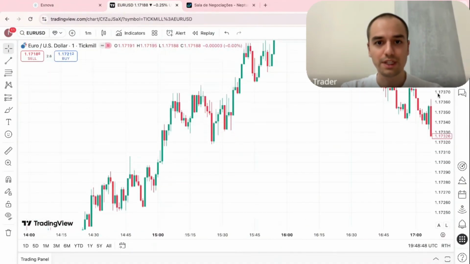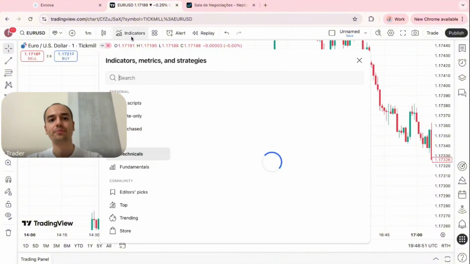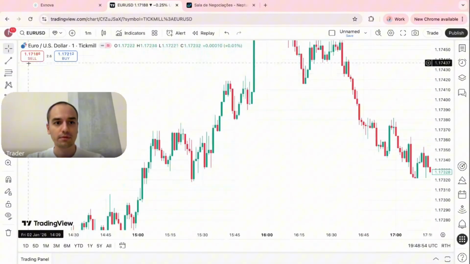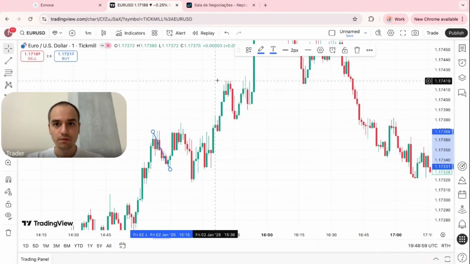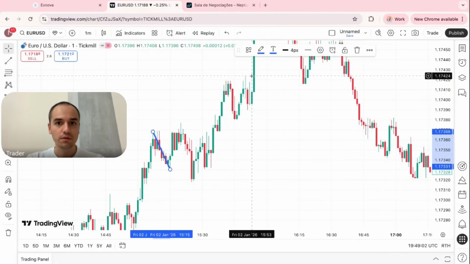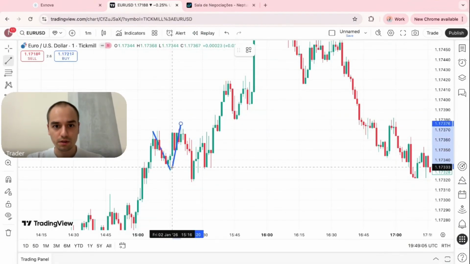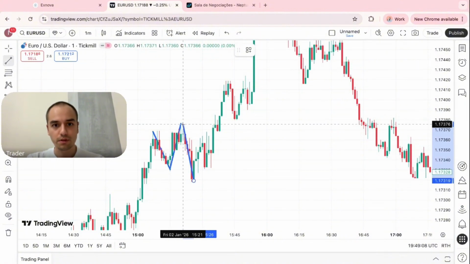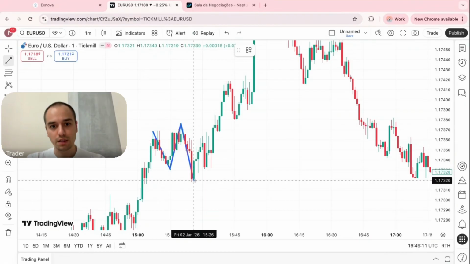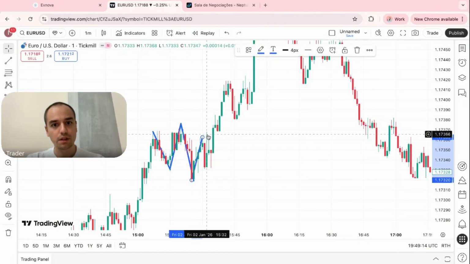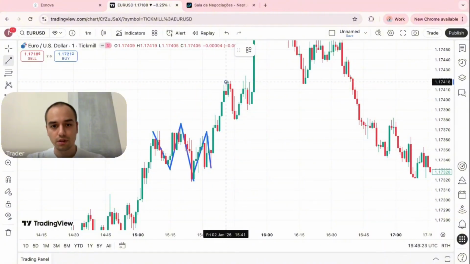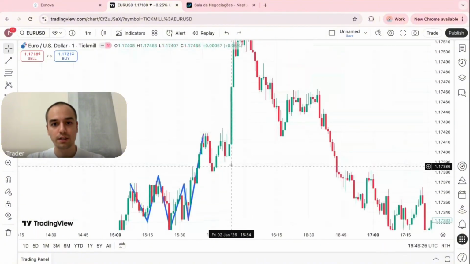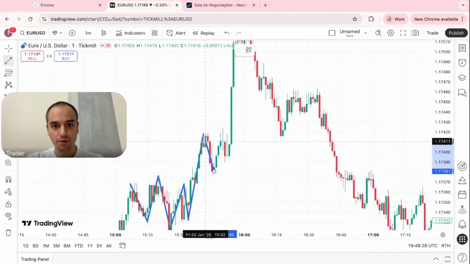On the graph, we would see the key positions. As you can see, continuously we would have higher highs and higher lows. So we can clearly see the uptrend, an upward-going structure.